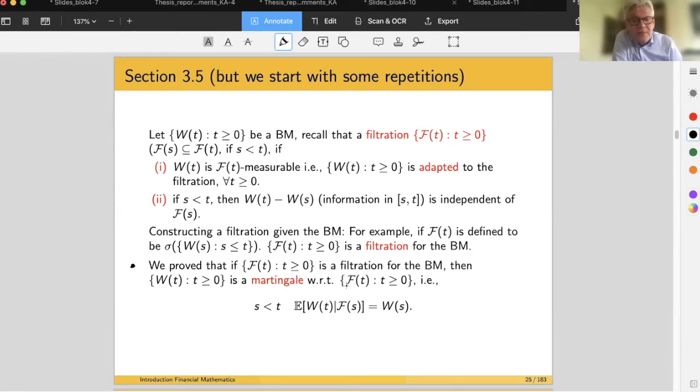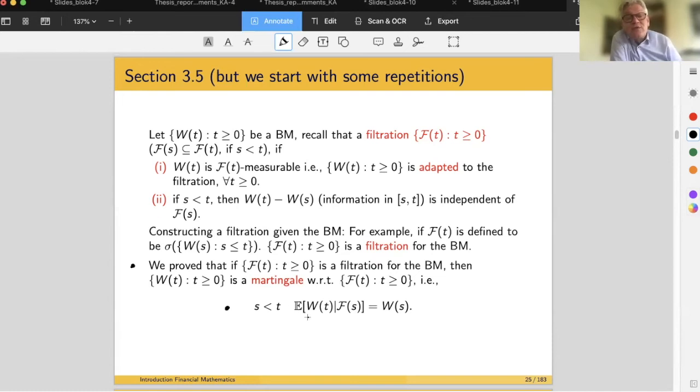It is Ft measurable. That is one of the aspects of martingality. And the other one is, of course, that for s less than t, the expected value of Wt, given the filtration up to time s, is in fact Ws. And this is the standard way of proving it.